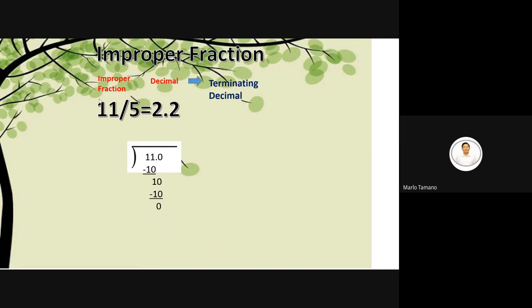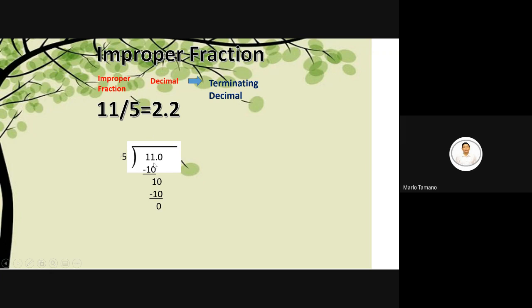So we have 11 divided by 5. 11/5 is 2. 2 times 5 is 10. Then 1 minus 0 is 1. Then 1 minus 1 is 0. Bring down 0. So 10 divided by 5 is 2.